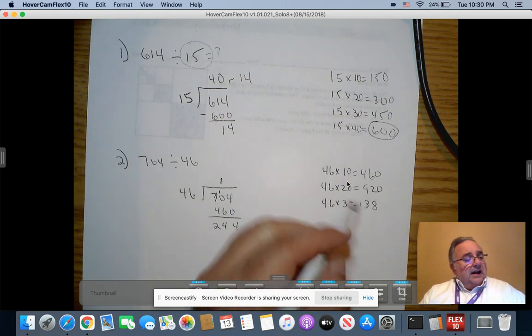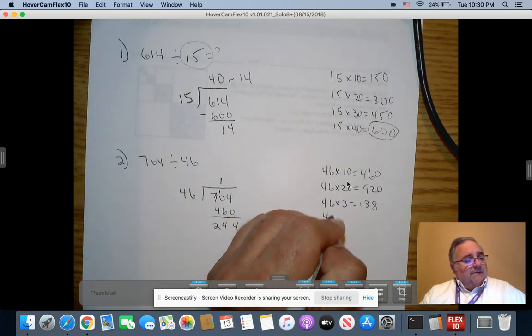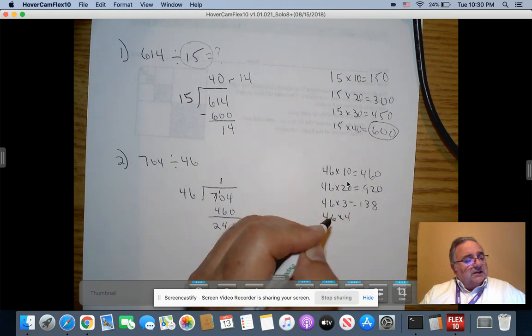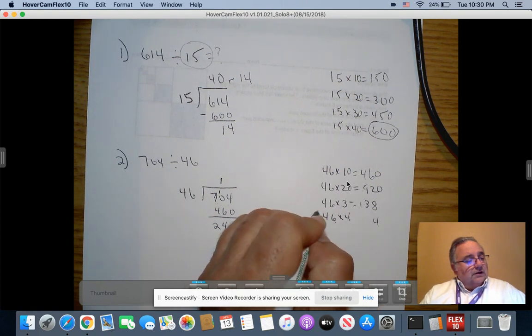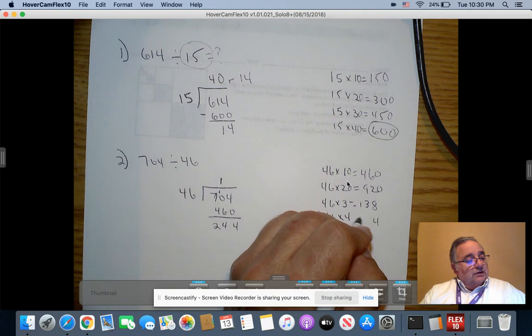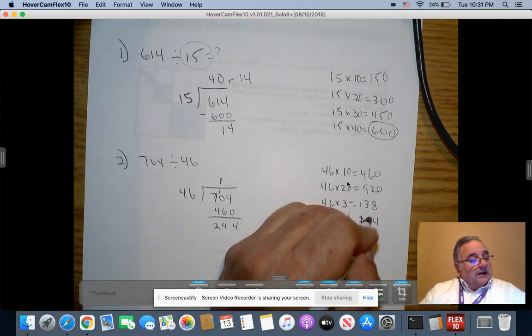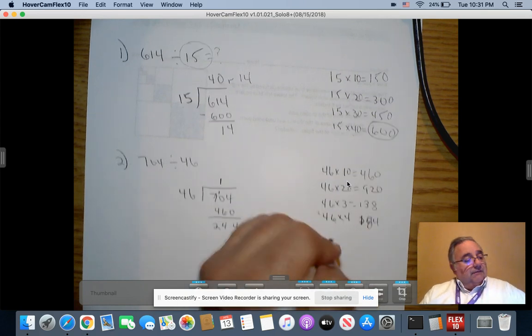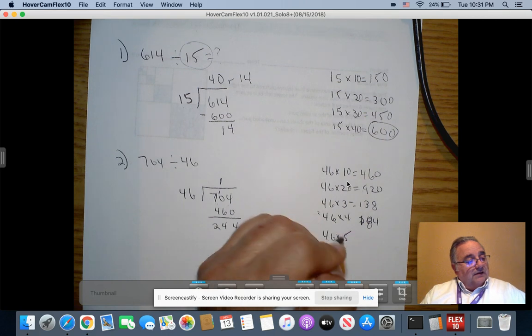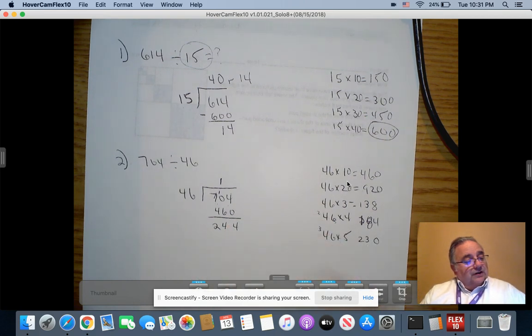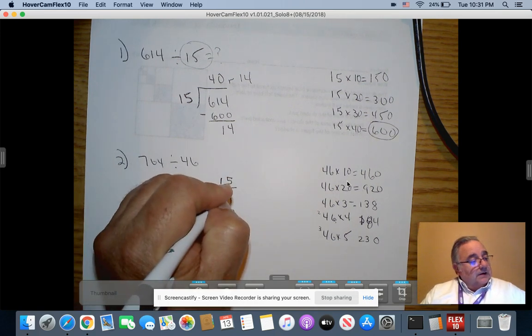So do I have something that's close to 244? I don't, do I? So let's multiply 46 times 4. That's 184. And then 46 times 5 gives me 230. Might be a 5 right there.